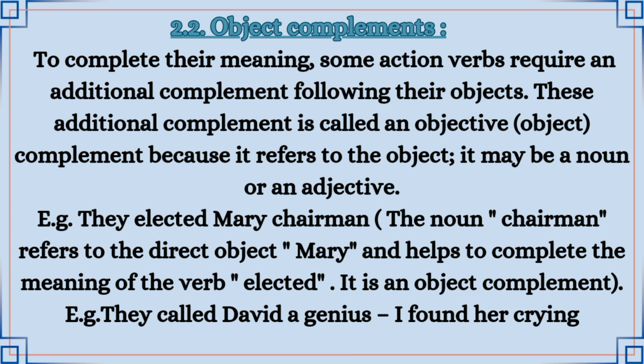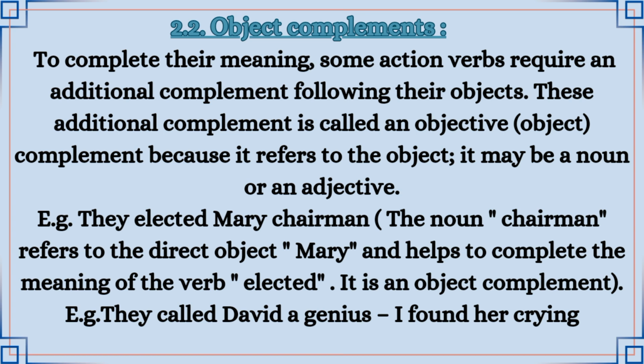For example, they elected Mary chairman. They subject, elected verb, Mary direct object, chairman is the object complement. Why? Because it helps to complete the meaning of the verb elected. عاون به يكمل المعنى تاع الفعل.